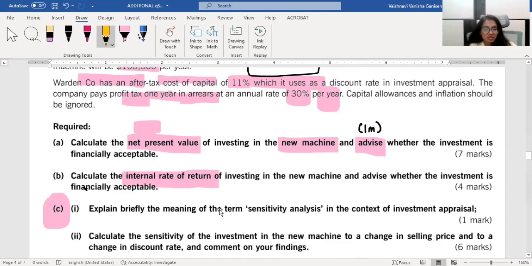Okay, here he asks you to explain briefly the meaning of the term sensitivity analysis in the context of investment appraisal.